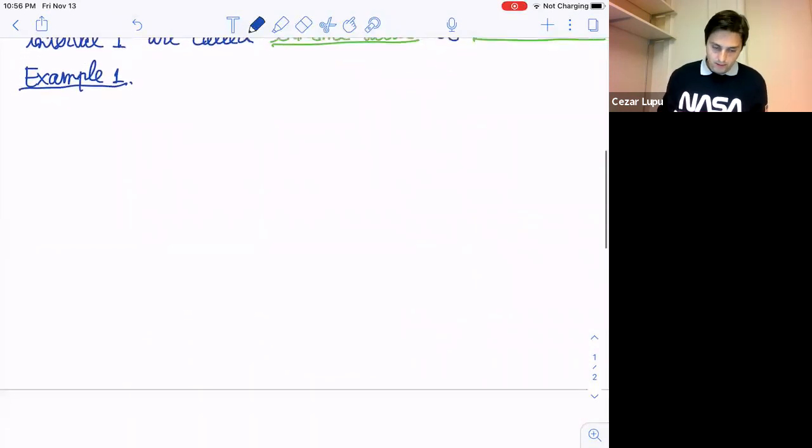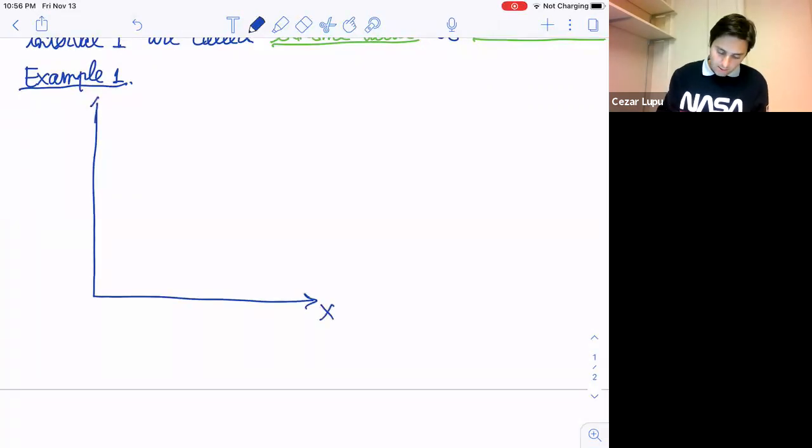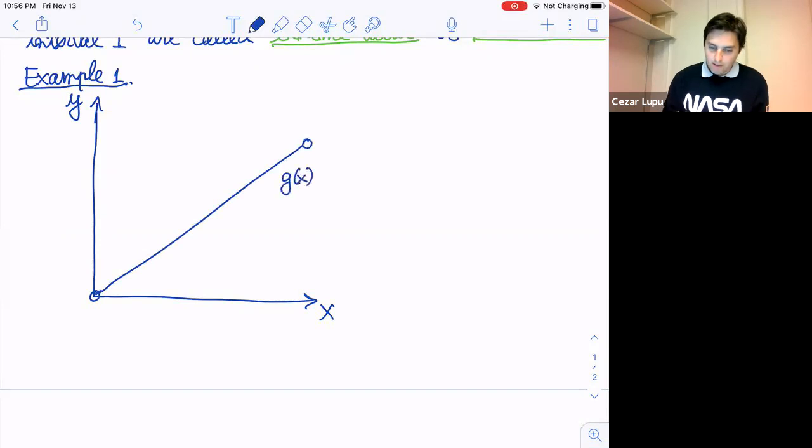So these are the axes, x, y, and I suppose I have a function here that goes like this. Well, you can imagine what function this is. This is the graph of this function g of x. And let's just say we have a point here, 1, and here again, 1. So this is the point of intersection 1, 1.